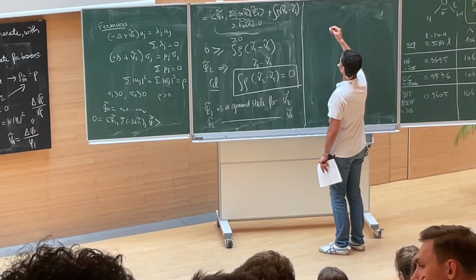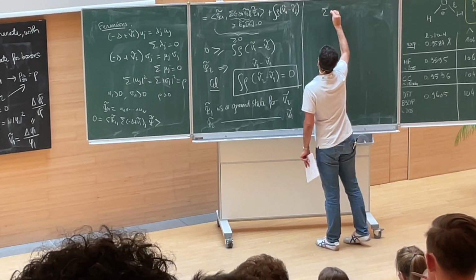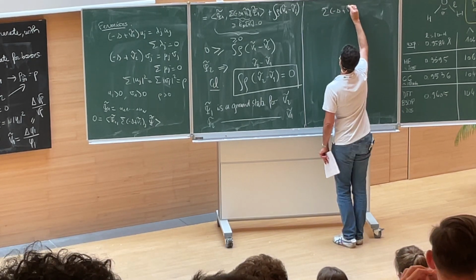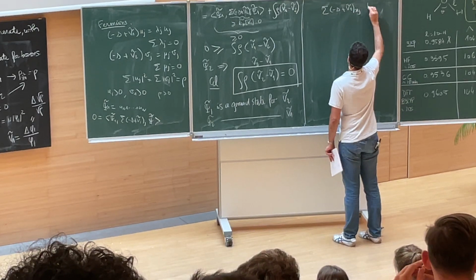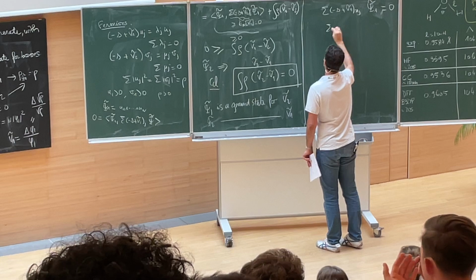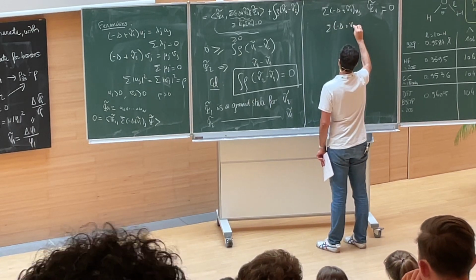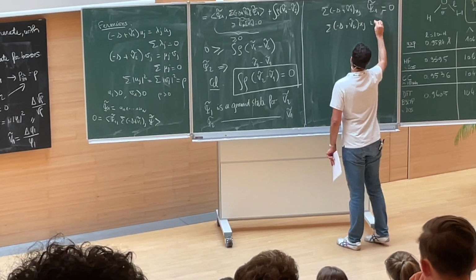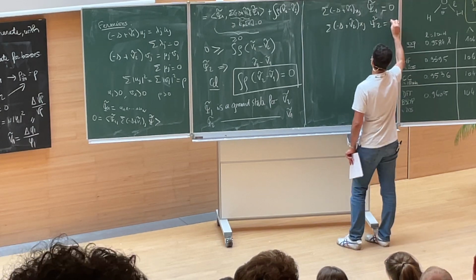Okay, so I know I have the sum of minus Laplace plus V theta 1 in x-ray of psi 1 theta is 0. And I've proved that I also have it with V2 theta, with psi 1.